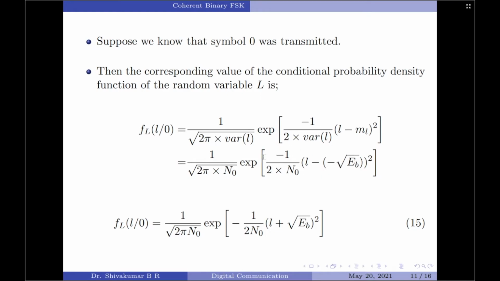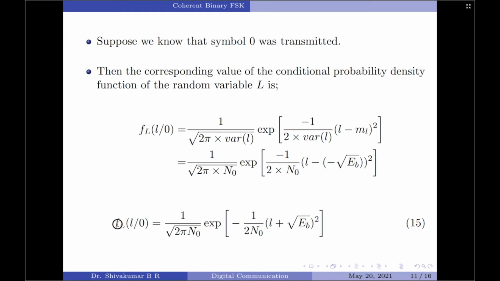After simplifying this, I will get the expression as 1 divided by square root of 2 pi N0 into exponential of minus 1 by 2 N0 into l plus root EB whole square. Now, we have the likelihood function, which is also equal to the conditional probability density function for the random variable L given symbol 0 was transmitted.